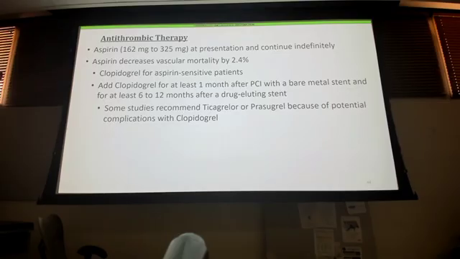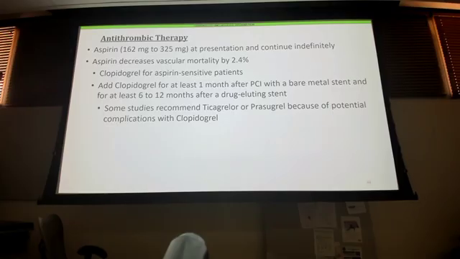So let's look into the medications that we use to treat ACS a little more in depth, okay? And this is not a mechanism of action kind of talk. You have that in pharm. This is more of why do we give this in the management of our patients with acute coronary syndromes, okay? So the first thing is antithrombotic therapy, okay?